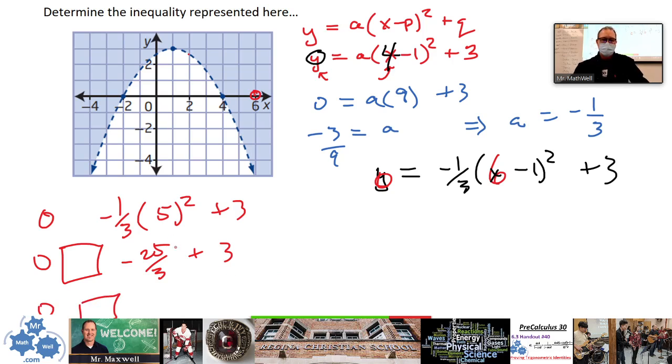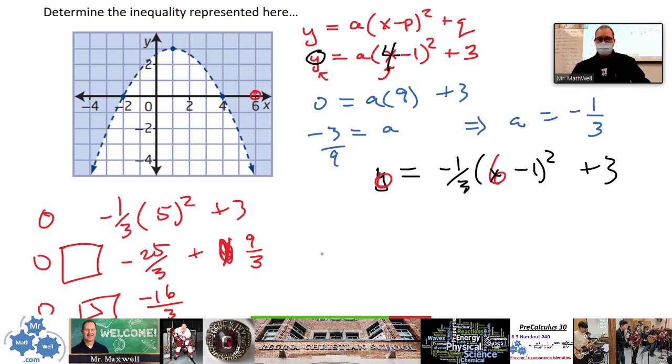It's 9 over 3. Negative 25 plus 9, negative 16 all over 3. So 0 is clearly greater than a negative number. See that? 0 is greater than a negative number. And because this line is dashed, I do not put the or equal sign.